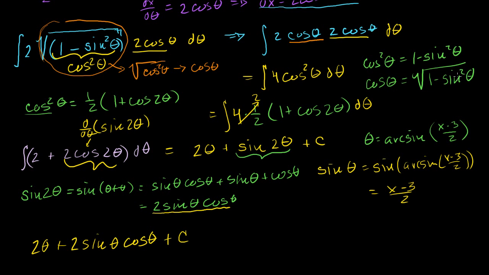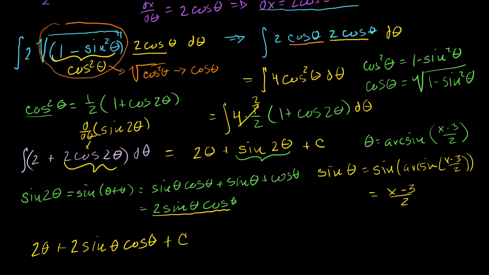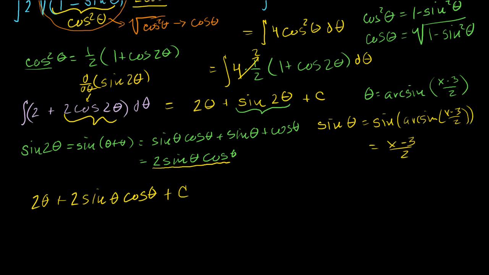But the neat thing is it's in terms of sine of theta. So let's do that. Let's make the substitution. So our antiderivative, this is the same thing as 2 theta plus 2 sine of theta times cosine of theta, which is equal to this, times the square root of 1 minus sine squared of theta, and then all of that plus c.